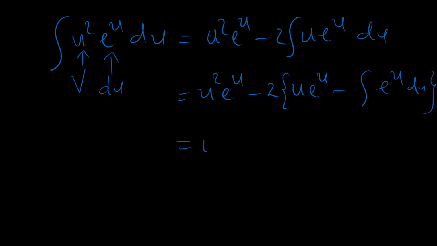So it becomes u squared e^u minus 2u e to the power u plus 2e^u plus the integration constant 2, right?